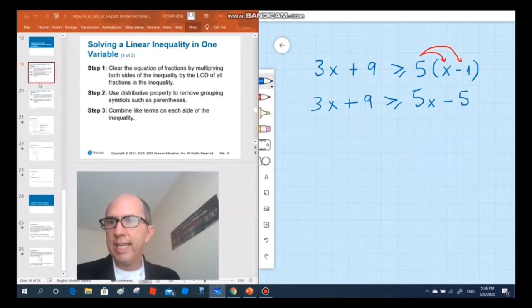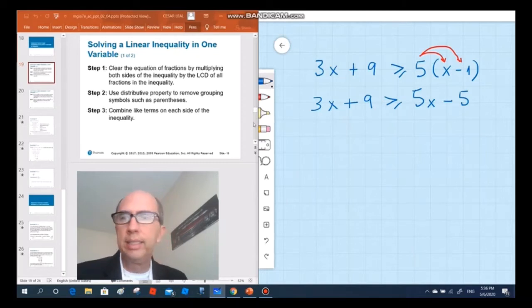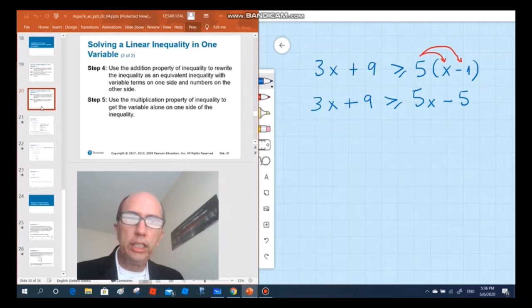All right. Next step, combine like terms. To combine like terms, you have to look at each side of the inequality to see if there are like terms to be combined. I don't see any like terms to be combined. Then next step, use addition property.